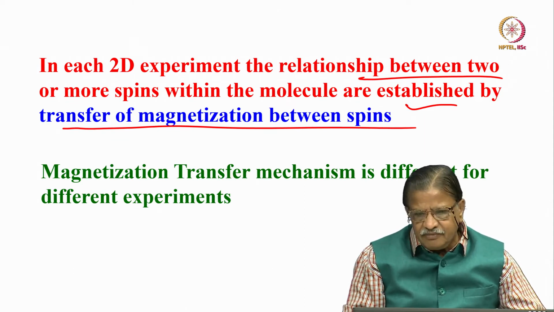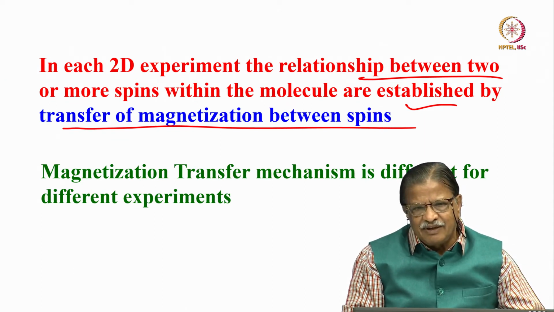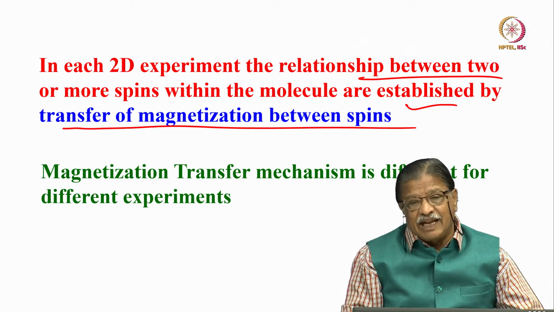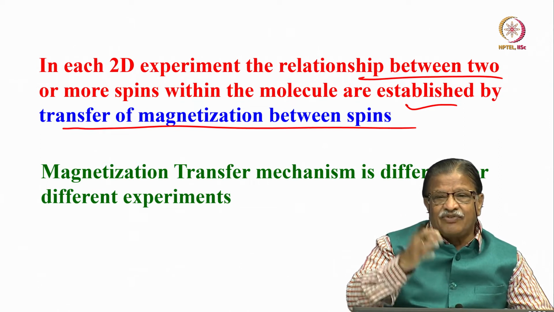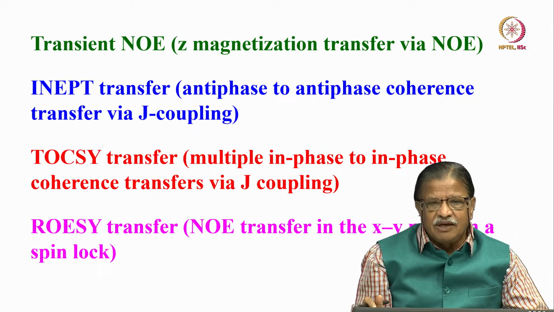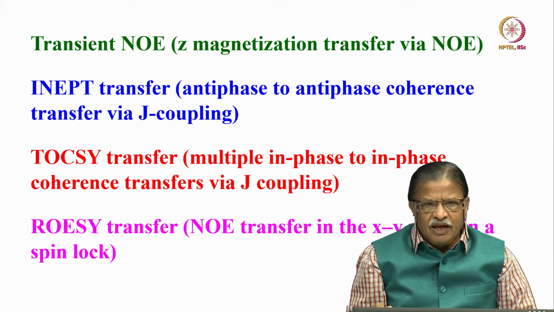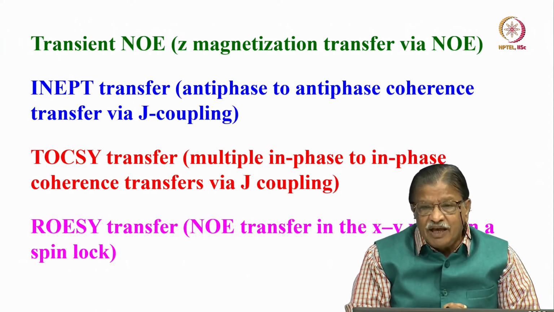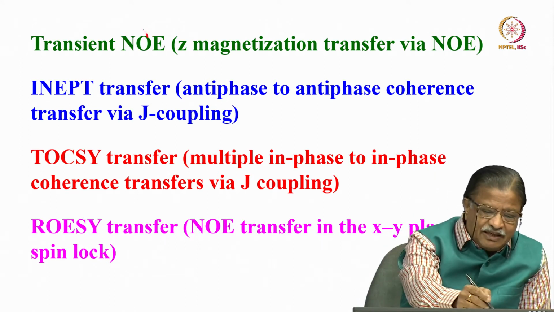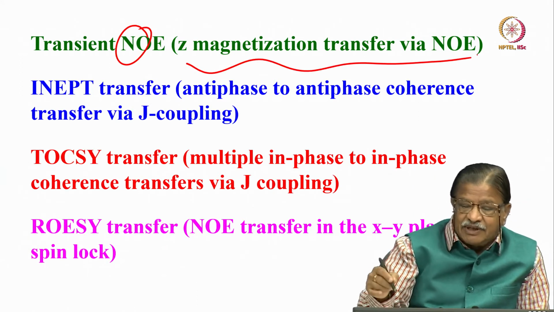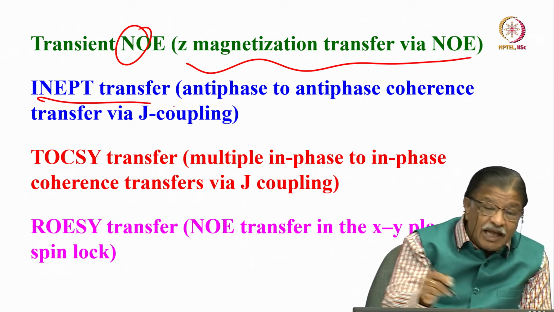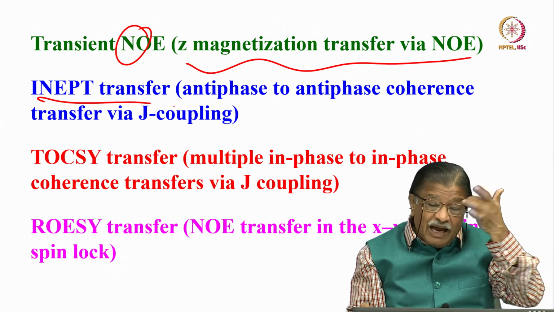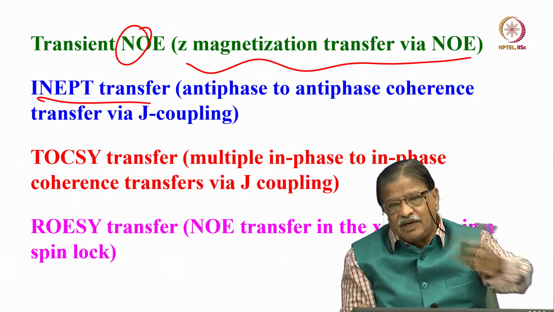Next, the mechanism by which magnetization gets transferred is different for different experiments. Just to tell you, we can do an experiment called transient NOE. We discussed steady state NOE also. In transient NOE, Z magnetization transfer takes place via NOE. You can have INEPT, remember we discussed INEPT, where antiphase magnetization is transferred from one spin to another spin.